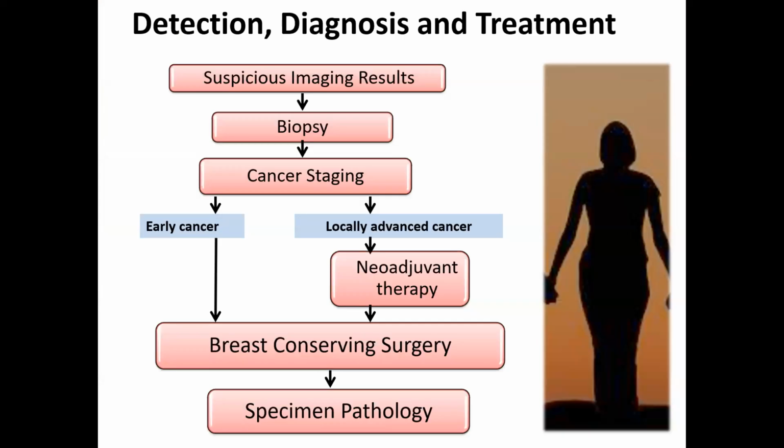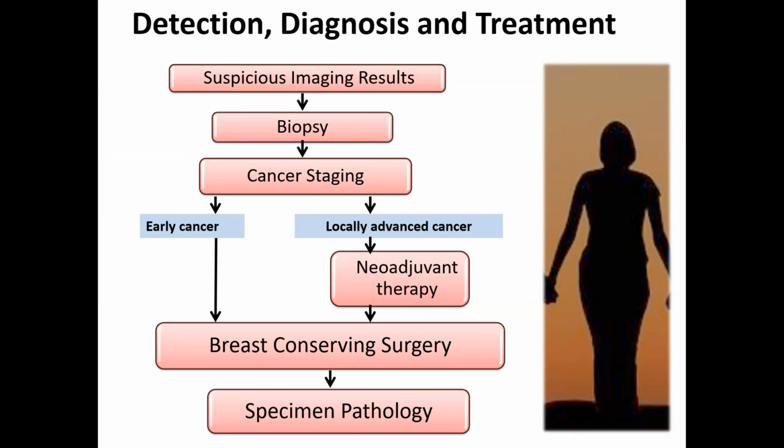To combat this problem, regular screening programs have been implemented in developed countries. For example, at our center, women who present with suspicious imaging results are usually passed on to receive a biopsy procedure. Ultimately, tissue samples from the biopsy are tested for cancer cells.